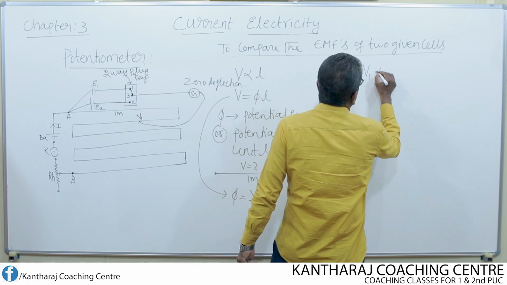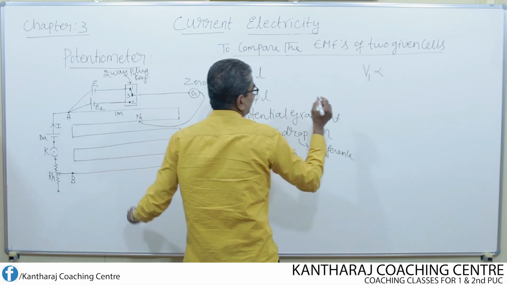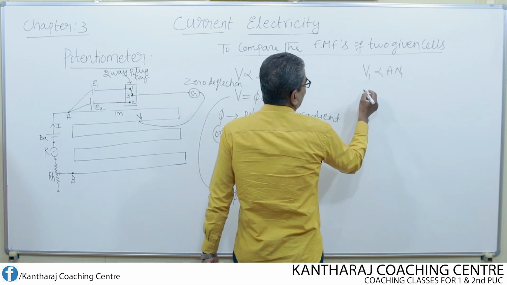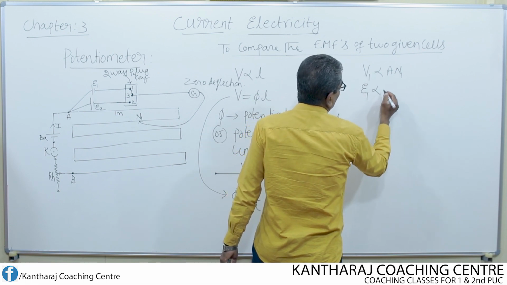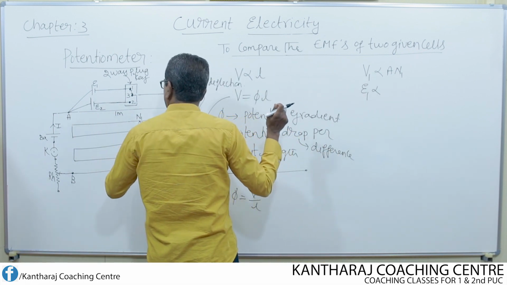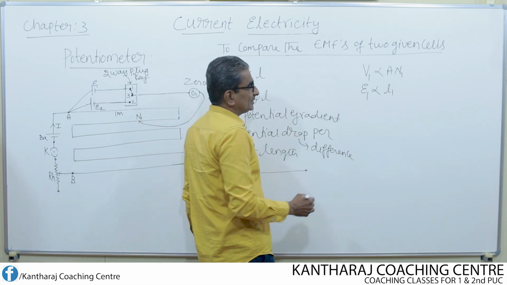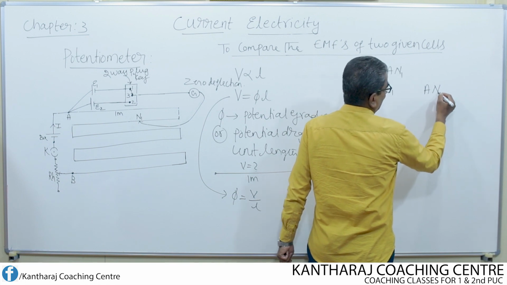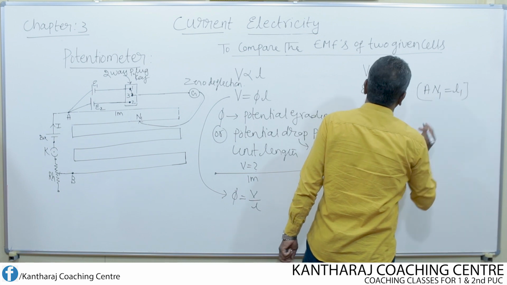V1 is proportional to the balancing length, which is AN1. I can also write this as E1 proportional to AN1, and AN1 is taken as L1. So the length from the point A to the null deflection point N1 is equal to L1.